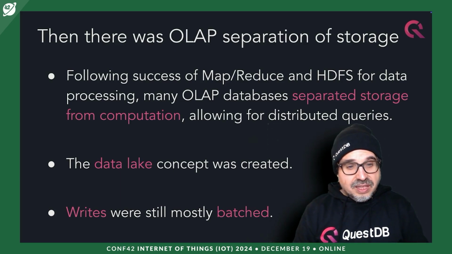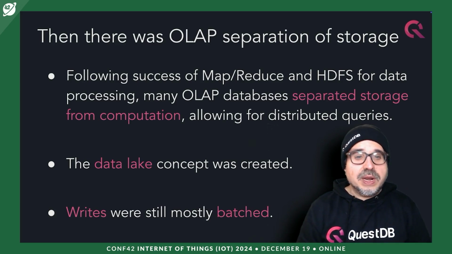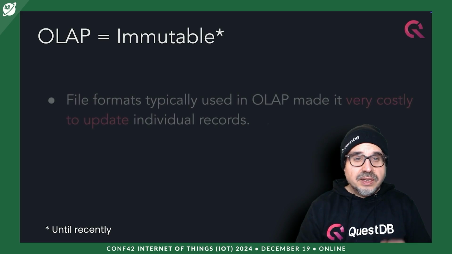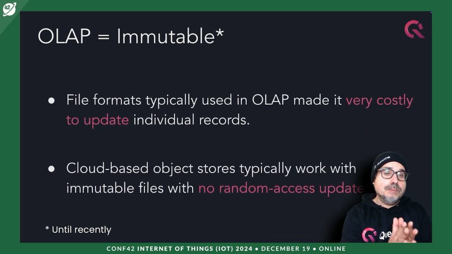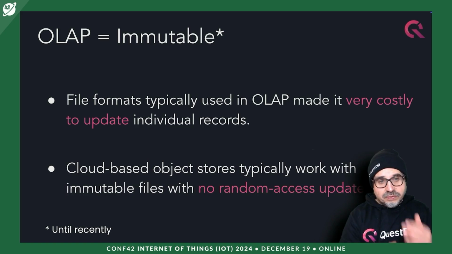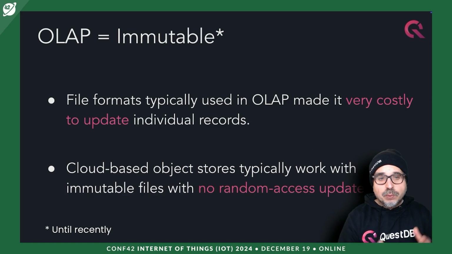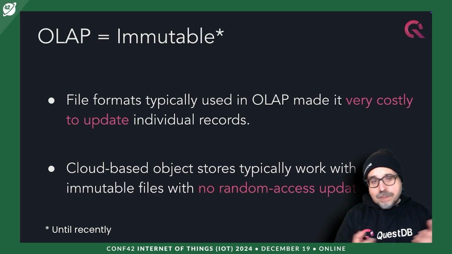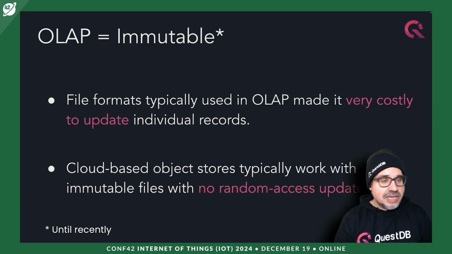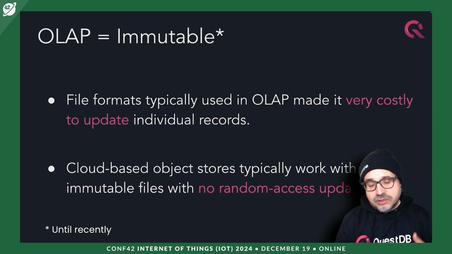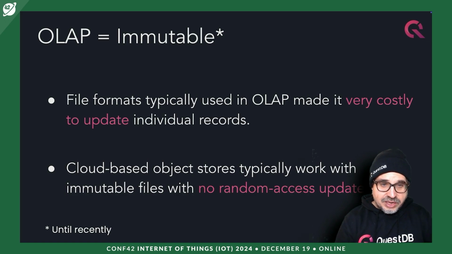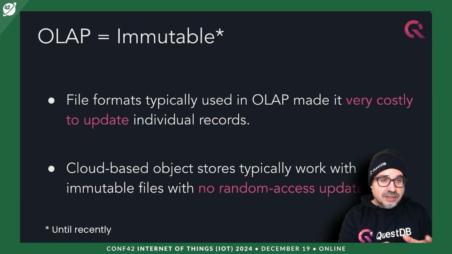And still, even with the data lake and with the separated storage and computation, these tools were mostly for batch. One thing that was still a problem with analytical databases was that they were designed for immutable data. Because of the way they used to prepare data, and because of the formats they were using, like Parquet, maybe storing data in object storage, like Google Cloud Storage or Amazon S3 or Azure Blob Storage, they were not really designed for random access and random modifications, but for append-only operations.